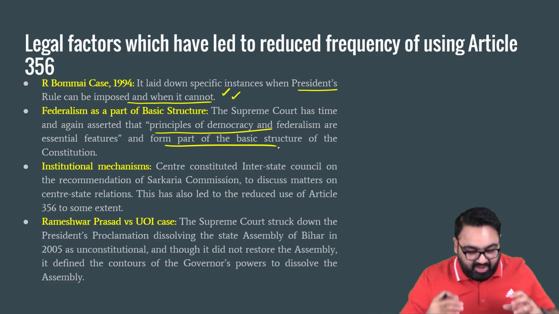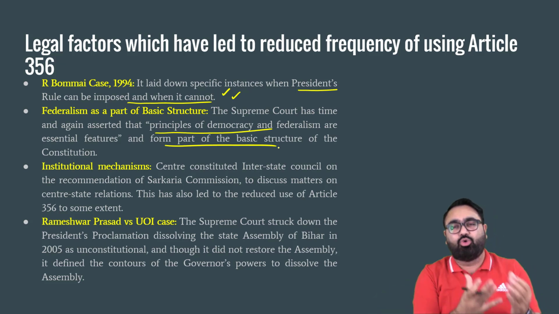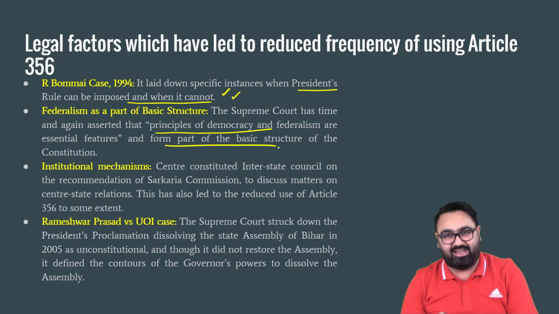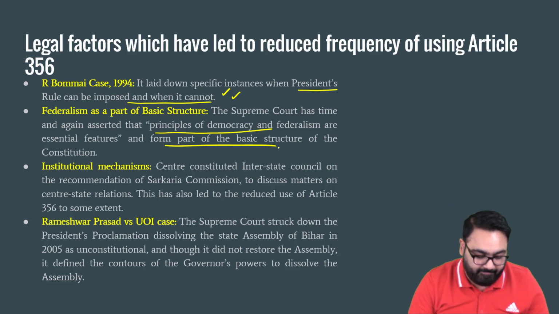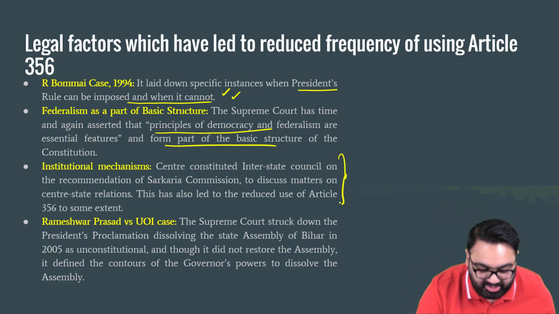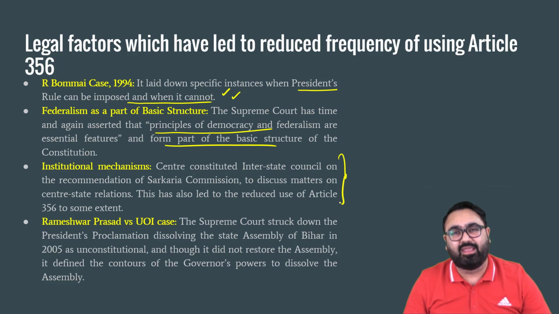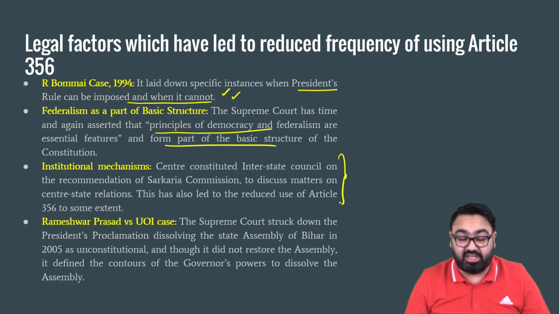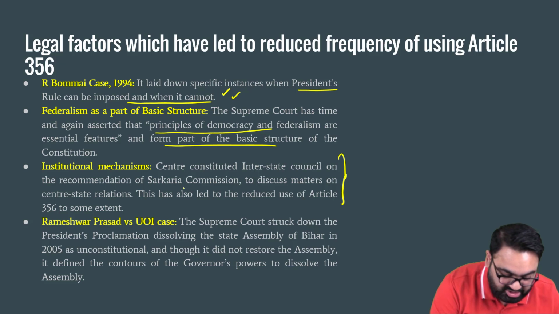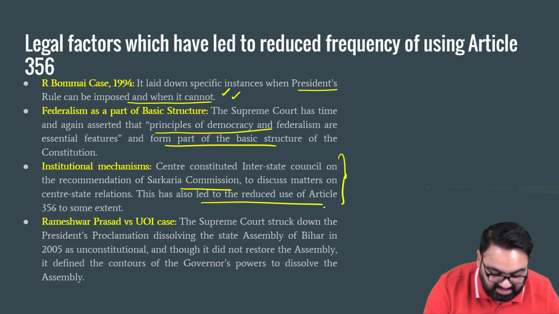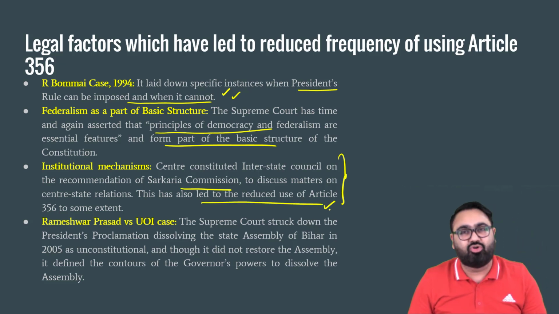Thus, since federalism cannot be taken away, the union government cannot just remove the state government because they want to. There have also been commissions that have come up in this regard, suggesting changes in president's rule, like the Sarkaria Commission, that talked about how president's rule should not be imposed by the central government whenever they want.